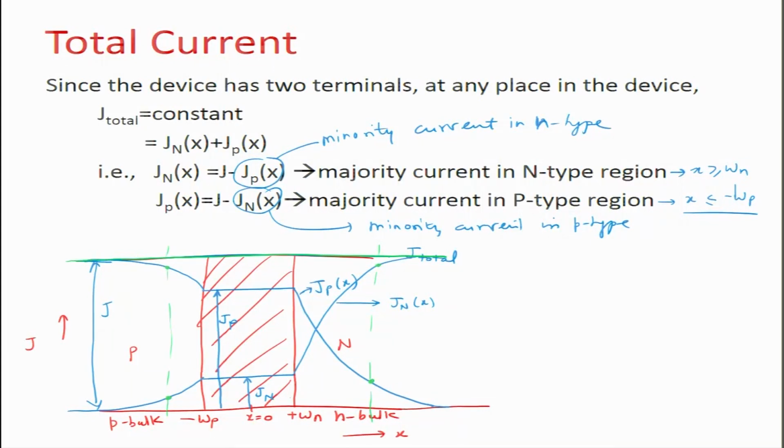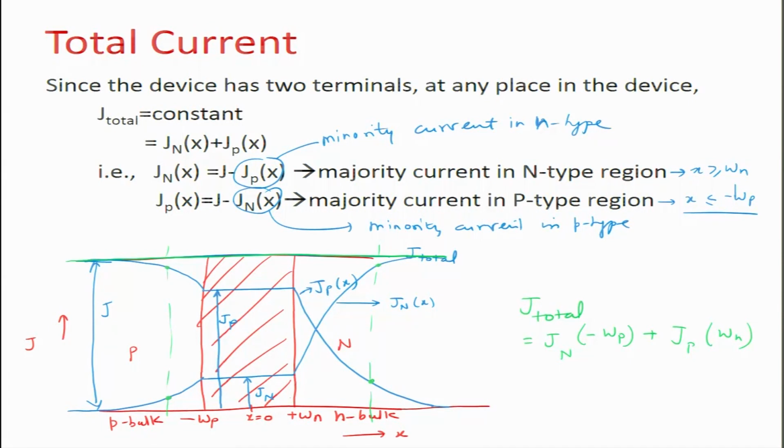Now J total I can write. Since in these regions they are going to vary, but within this region they are going to stay constant, I can also write J total is nothing but Jn at minus Wp plus Jp at Wn, alright.